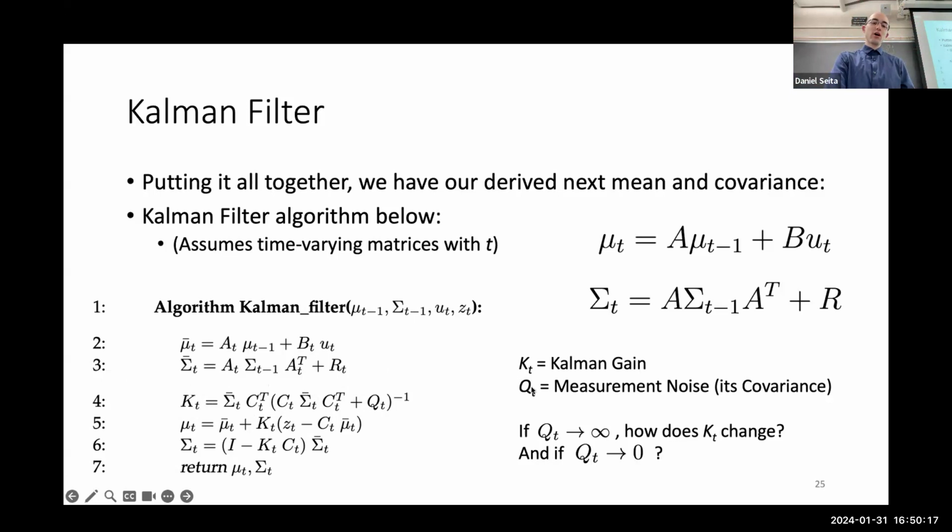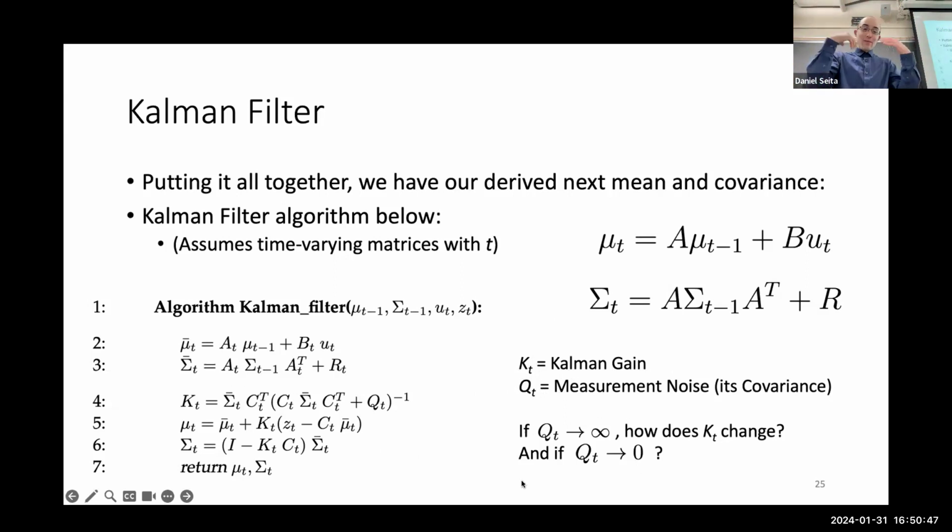So if you want to talk about the measurement noise, remember that Q_t is the noise that came from the measurement, it was this term plus this zero mean thing with covariance Q or Q_t.